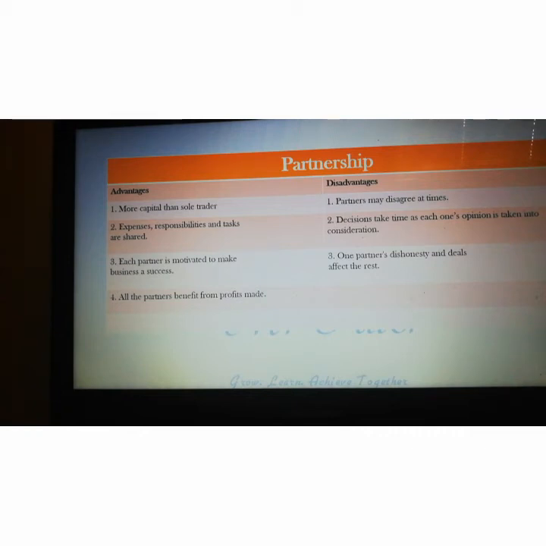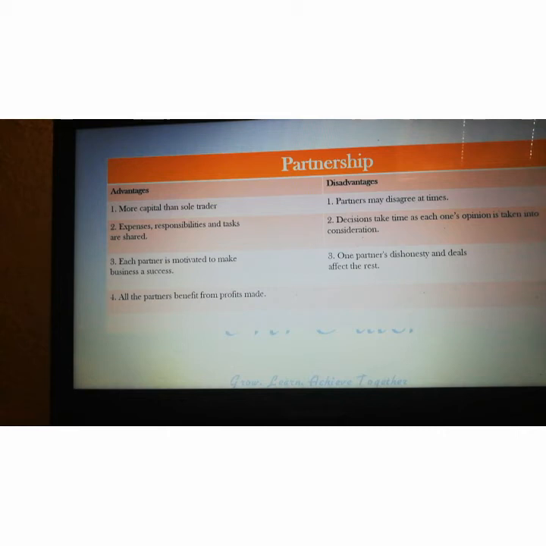And then the third disadvantage of a partnership, this is based on what I see or my understanding, is that a partner's dishonesty and deals affect the rest. So if you're a team of 8 people and one of your members is not honest in the way they are trying to play their part as one of the team members, then it affects the whole team.